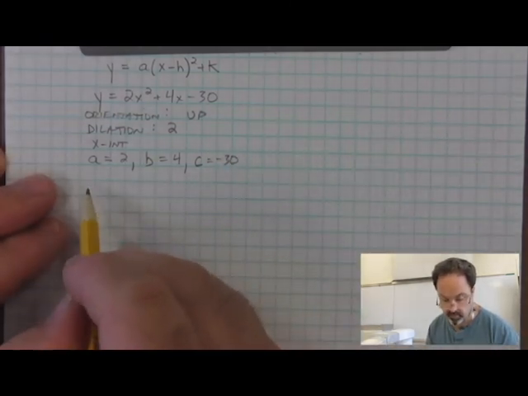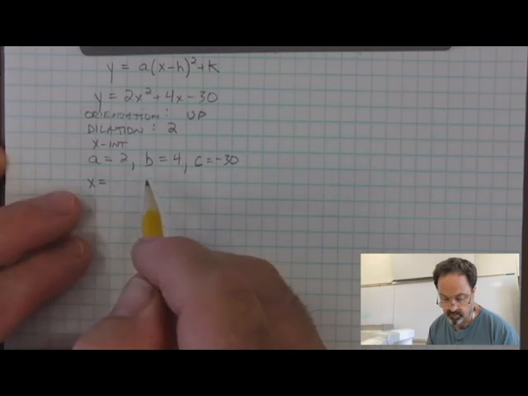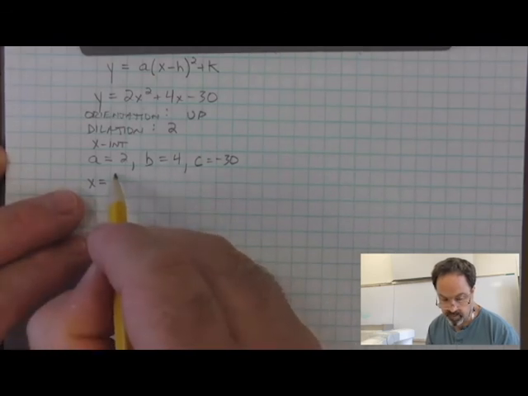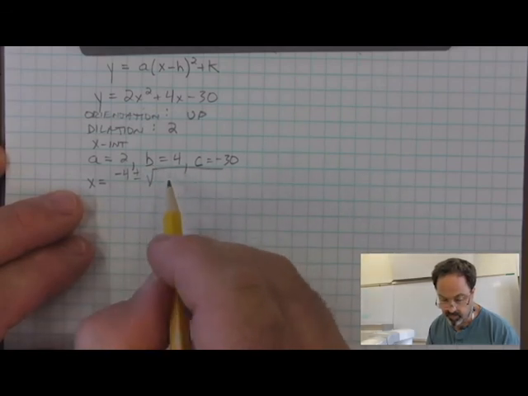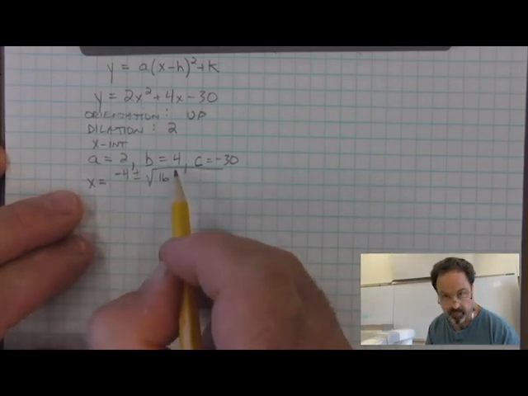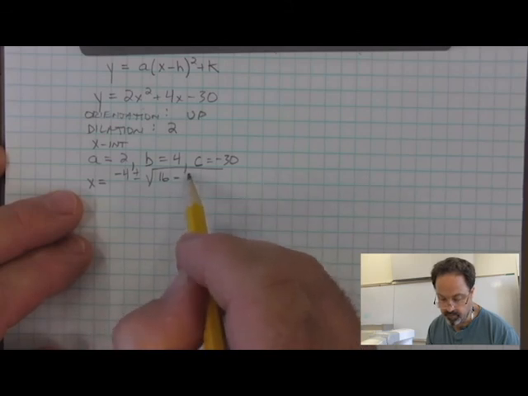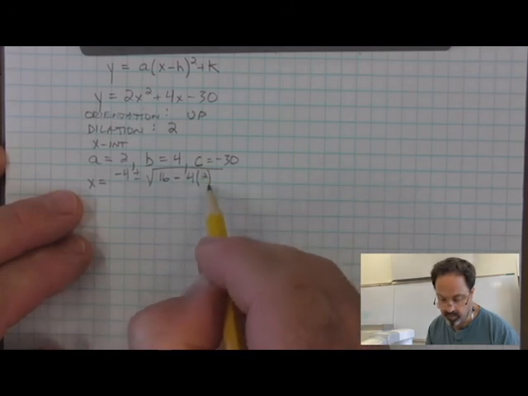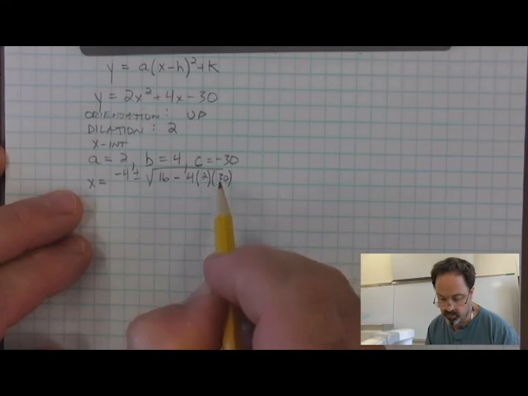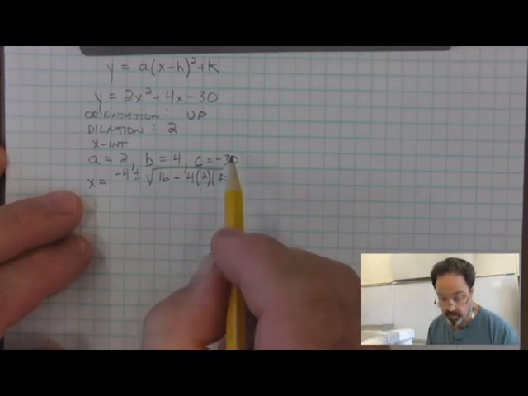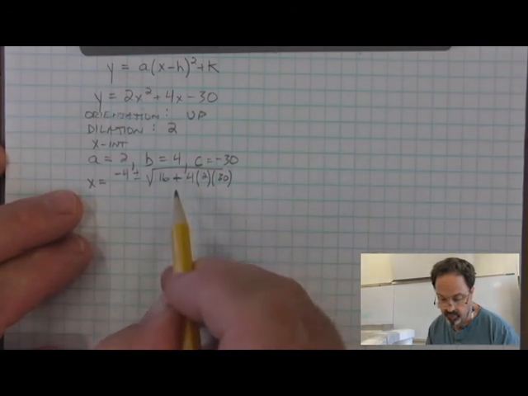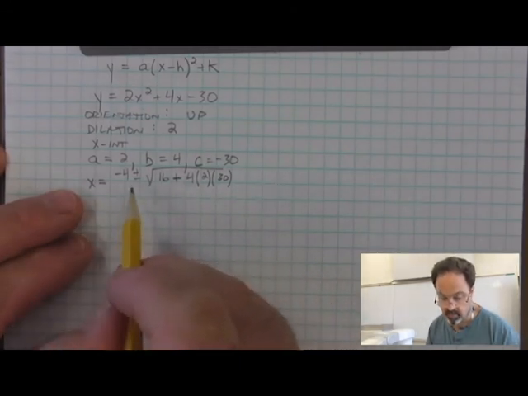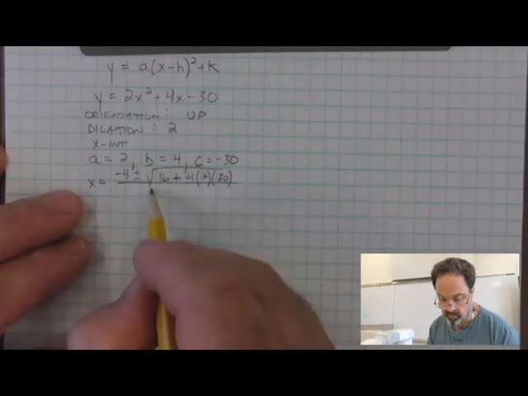The quadratic formula is x is equal to negative b plus and minus the square root of b squared, or 4 squared is 16, minus 4 times a times c, which I'm going to write as plus 30 because I'm going to take care of the negative by changing the sign into addition, all over 2 times a, or in this case 4.